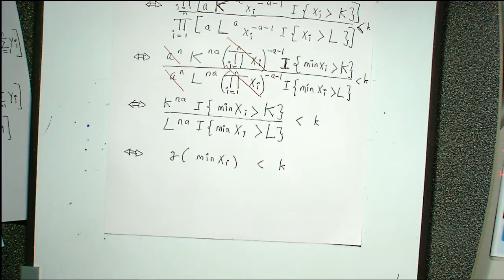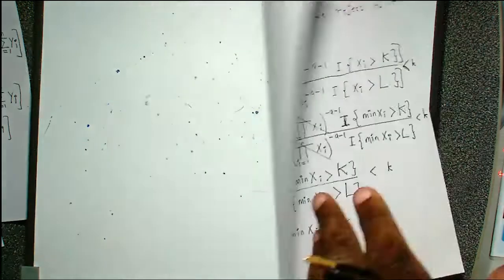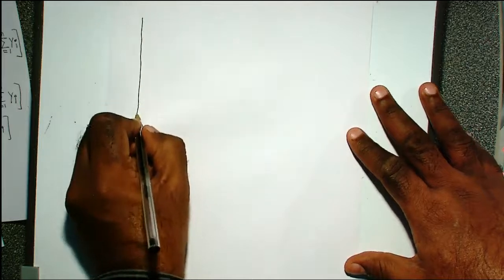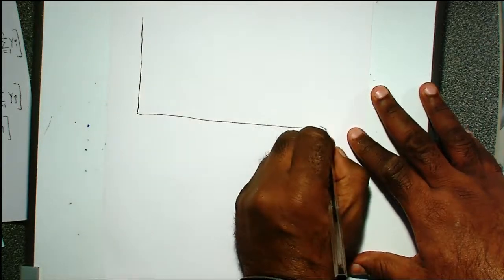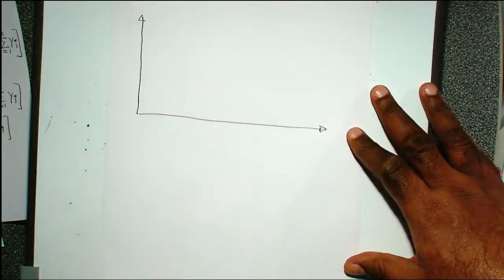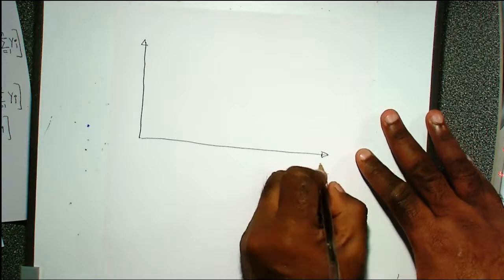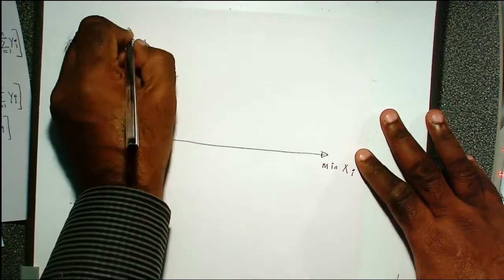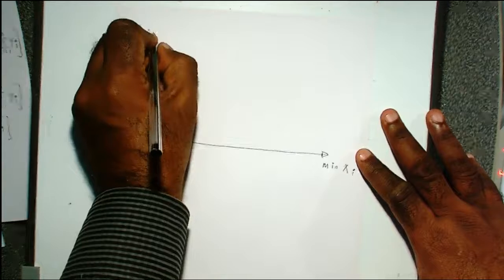Okay. Now the next thing to do is to try and plot g and see how it looks. So I'm going to plot over here. On the x-axis you have the min of xi, and on the y-axis you have g of the min of xi.